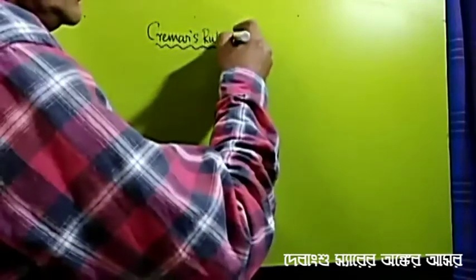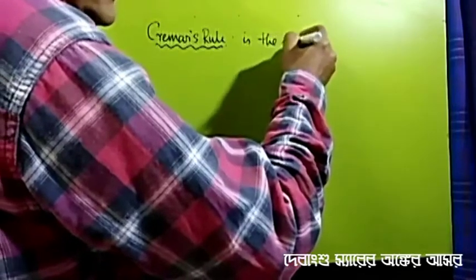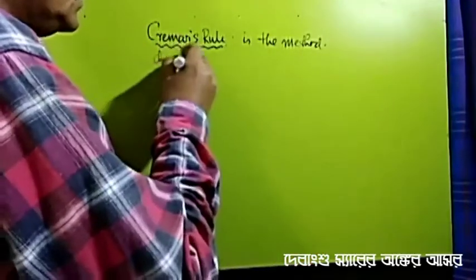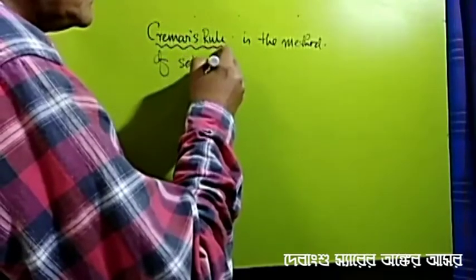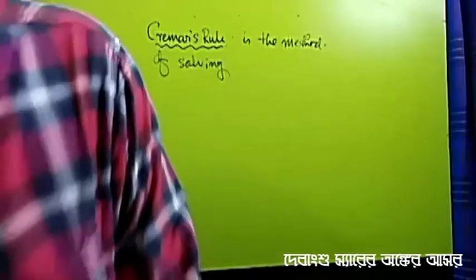Cramer's rule is the method of solving simultaneous linear equations.